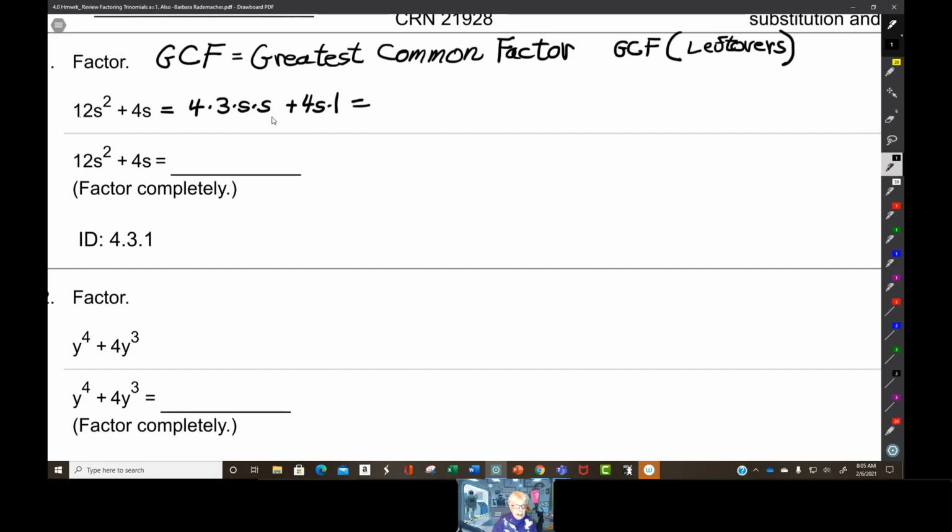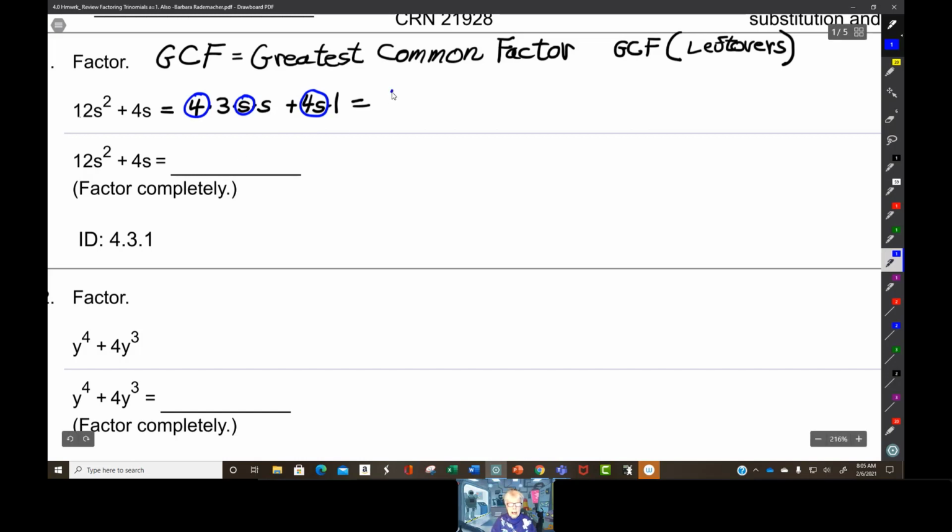And I look at each term and I see that both terms have a 4 and both terms have an S. And for that reason, a 4 and an S and a 4 and an S is the GCF, okay?